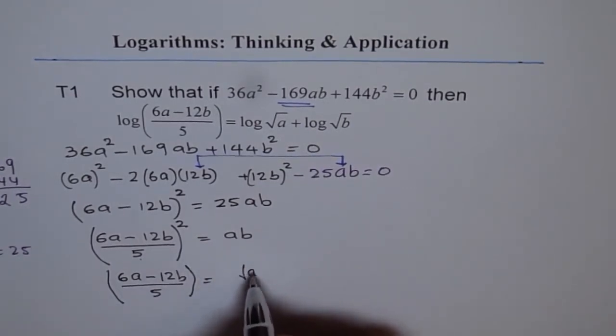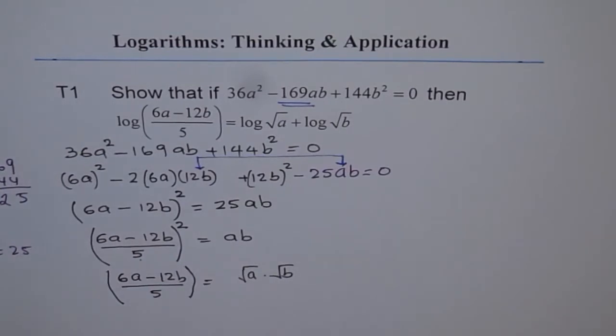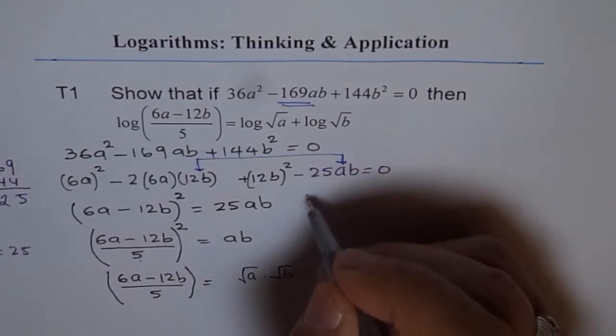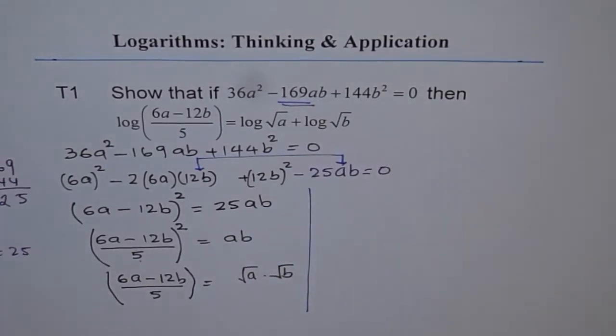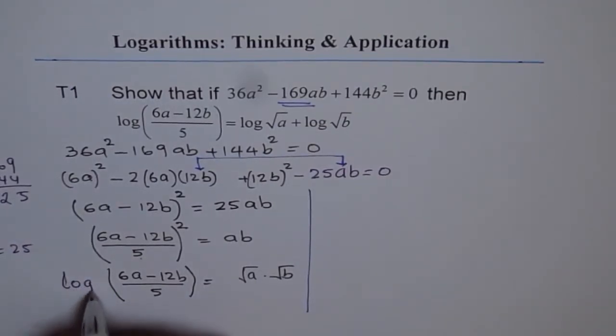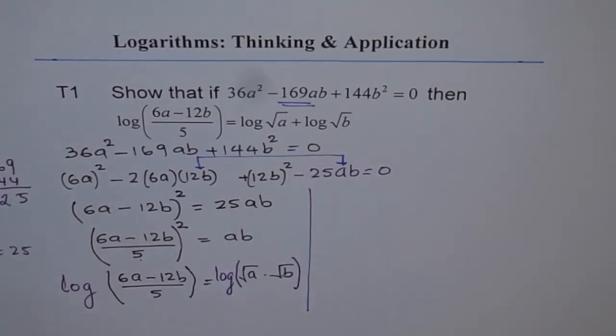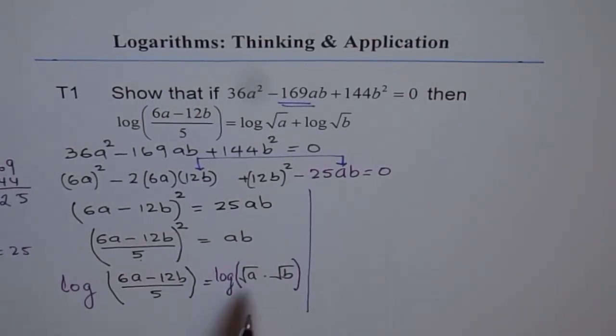So I get √a times √b, that is the square root of a and b. And now the next step is absolutely clear: just taking log on both sides. We write log here and log here, log of a·b, and when you expand it, you get your result.